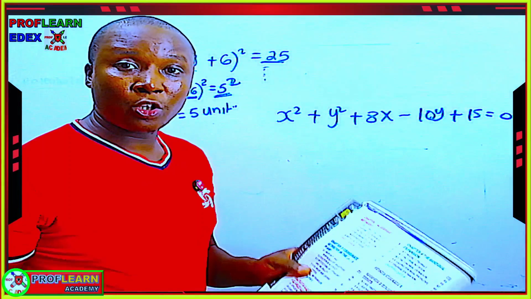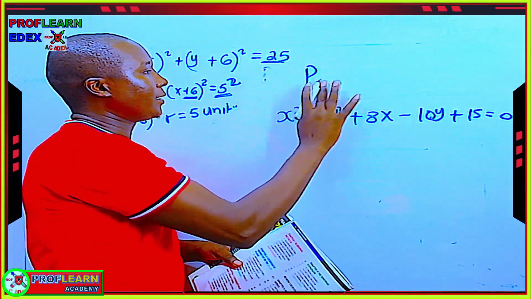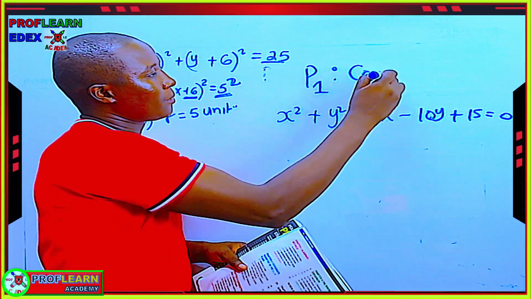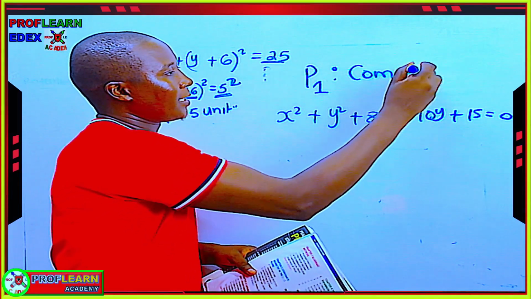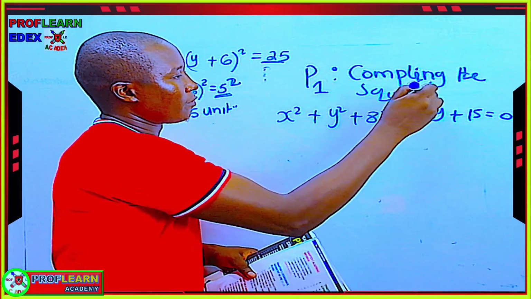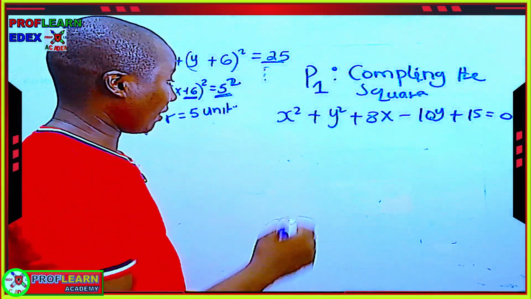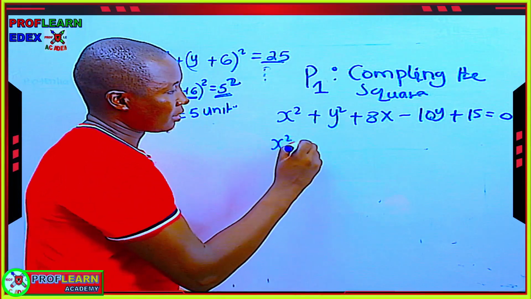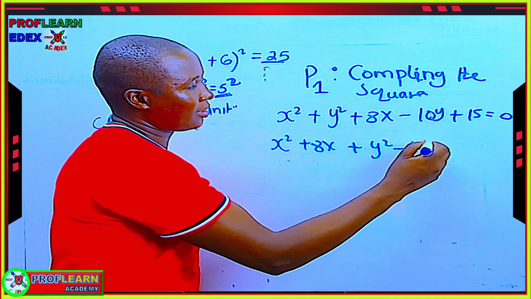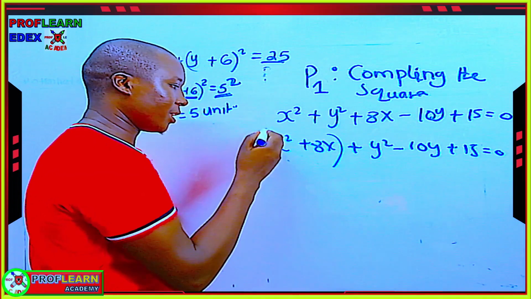And then you are going to use the completing the square method that you did in P1. So how are we going to use completing the square here? We say x squared plus 8x plus y squared minus 10y plus 15 equals 0.